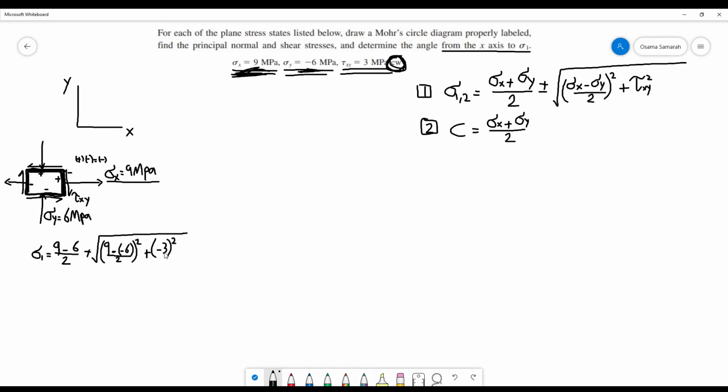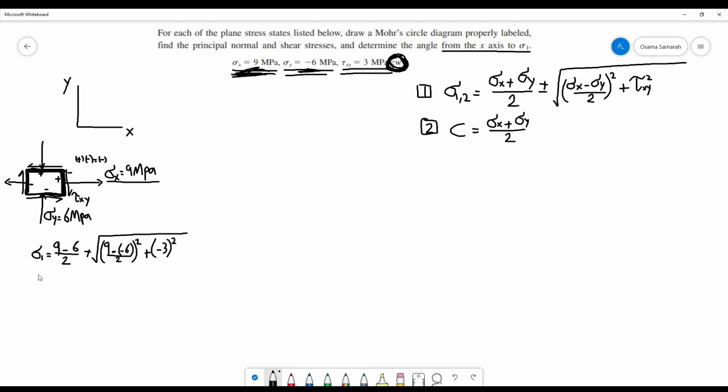Remember, we plugged in negative 3 because tau xy is clockwise, and clockwise, by following sign convention for Mohr's circle, is negative. I know it doesn't matter if you plug in negative or positive since it's squared right here, but nonetheless you should follow the sign convention.